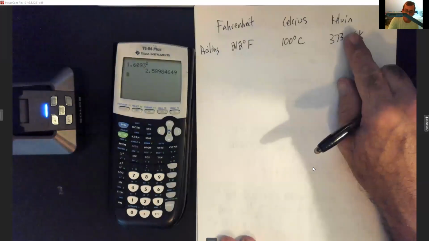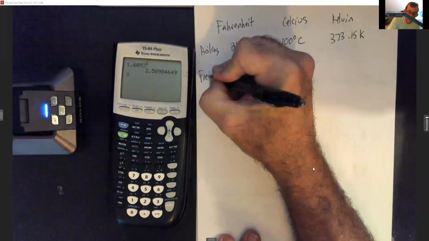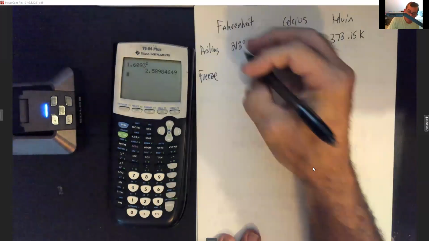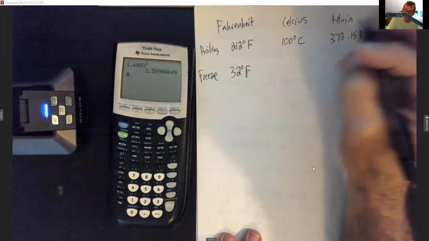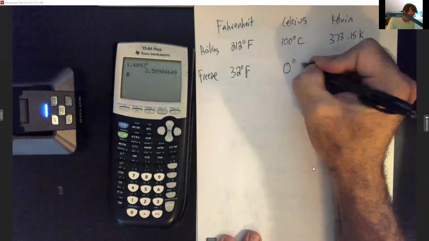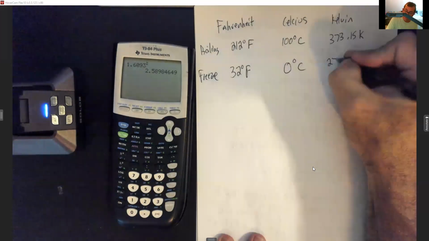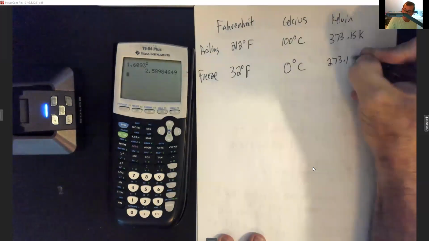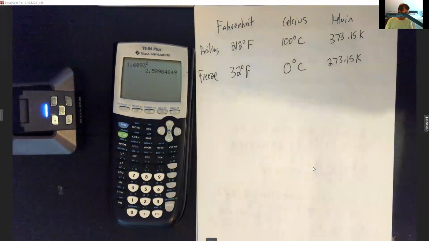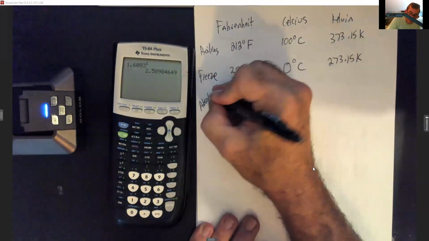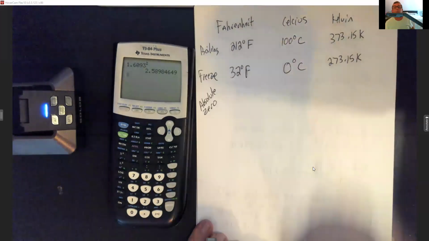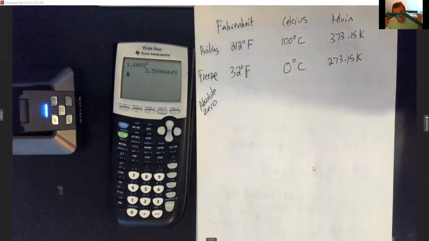Now let's look at the freezing. Freezing for Fahrenheit is 32 degrees Fahrenheit. Freezing in Celsius is 0 degrees Celsius. Freezing on Kelvin is 273.15 Kelvin. Now, to understand Kelvin, we deal with what we call absolute zero. Absolute zero is like the coldest temperature possible.